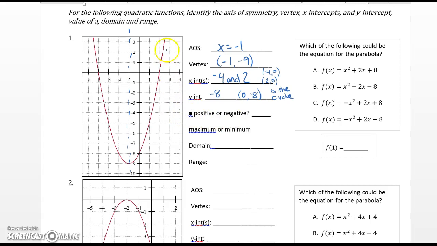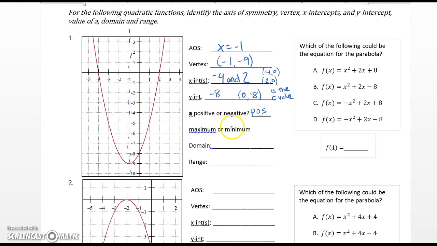A is positive or negative? Since this parabola opens up, we know that it is going to be positive. Since this parabola opens up, it has a minimum. So this would be the minimum. When we talk about maximum and minimum, we're talking about the y values. The lowest point on this graph is here.